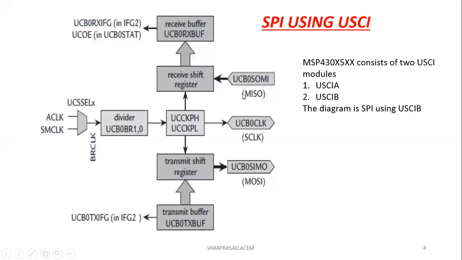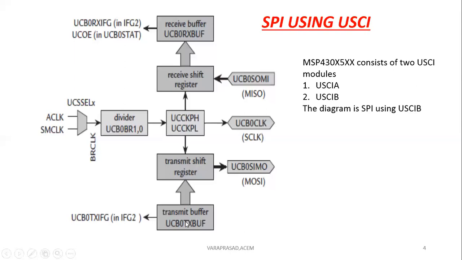Once the clock is given, at that time the transmit buffer receives an interrupt. That means the data is ready to transmit. Once the transmit interrupt flag is generated, the transmit buffer receives the data.